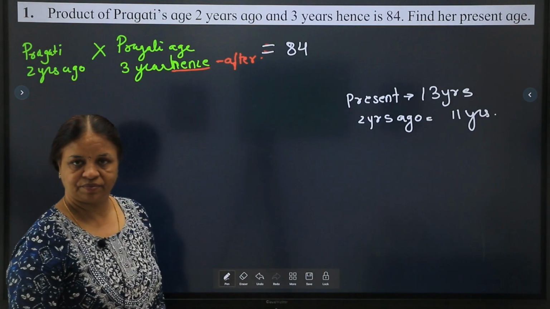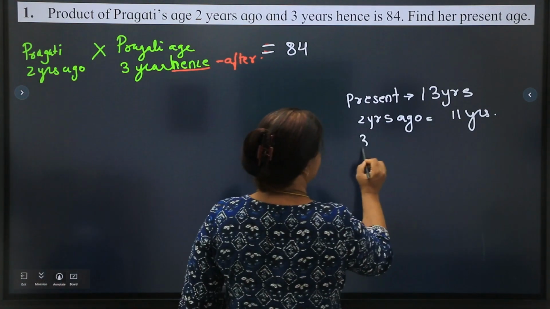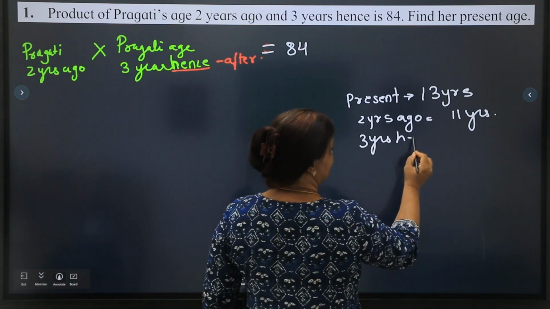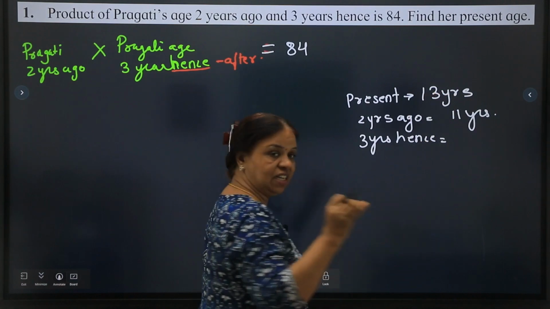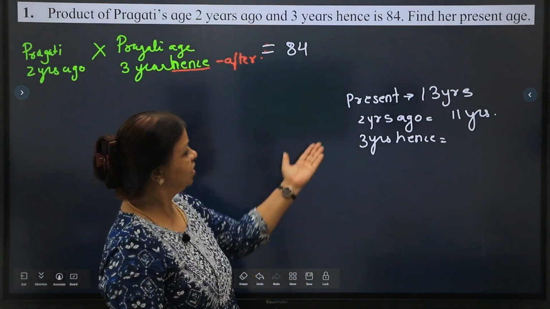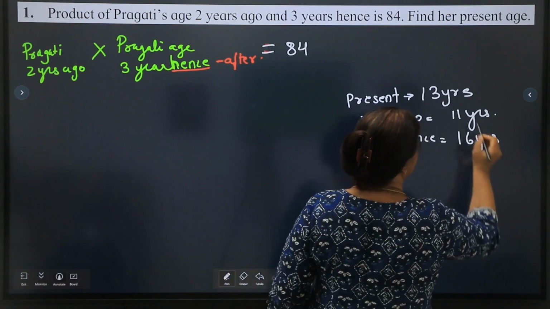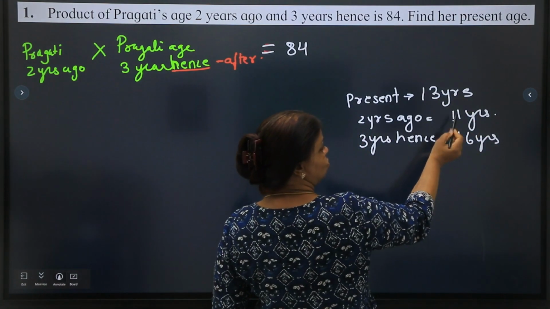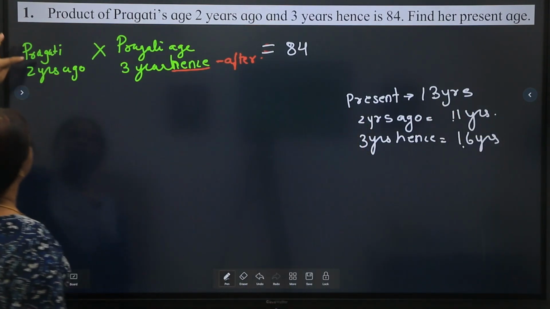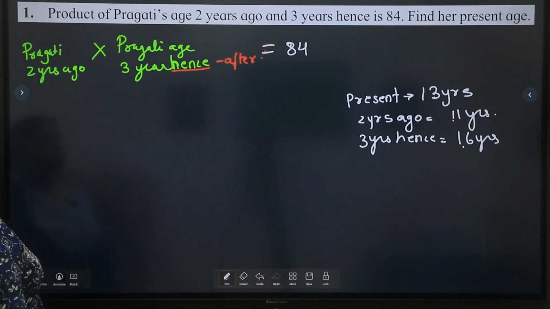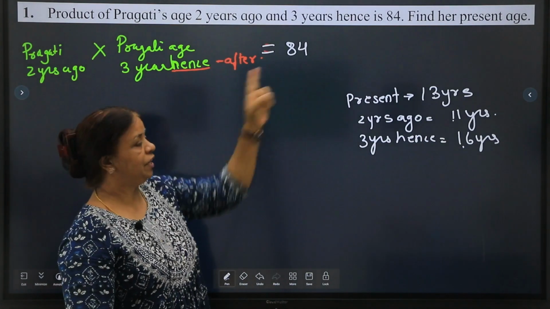Ago means before, and hence means after. After 3 years it will be how much? 16 years. So in the present age we subtracted 2, and in the present age we added 3. So Pragati's age 2 years before multiplied by Pragati's age 3 years after will be 84.